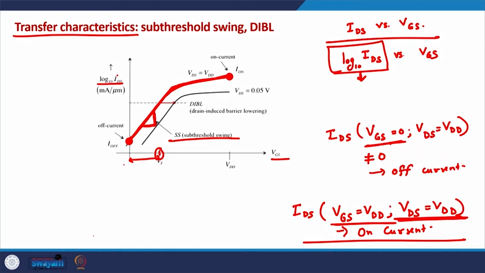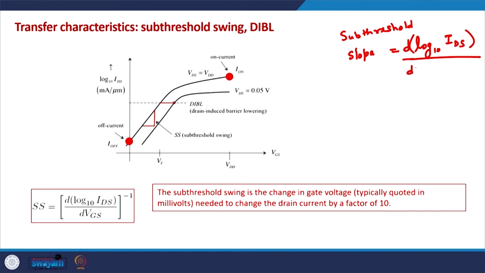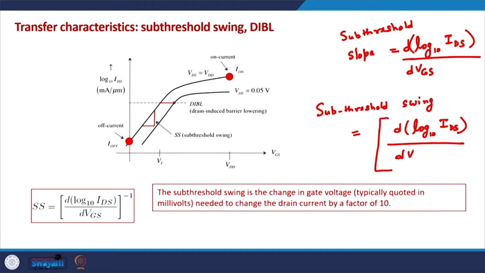As you have already understood by now, the slope should be the change in log IDS divided by dVGS, and the sub-threshold swing is defined as the inverse of this: d of log IDS divided by dVGS, inverse.